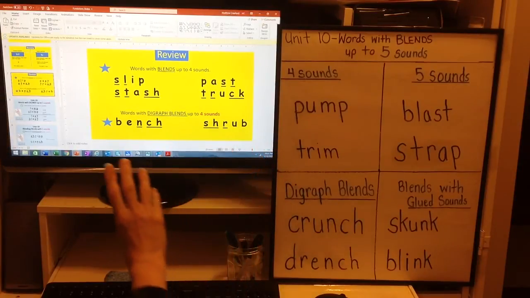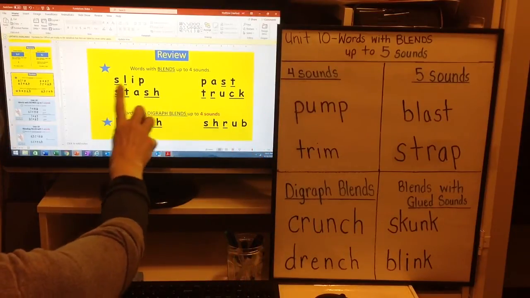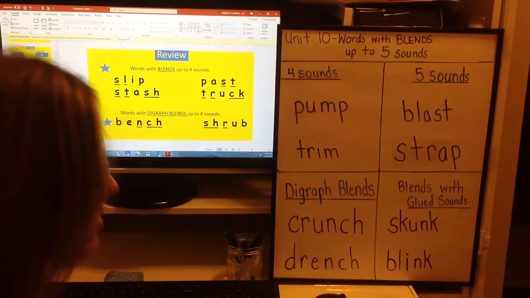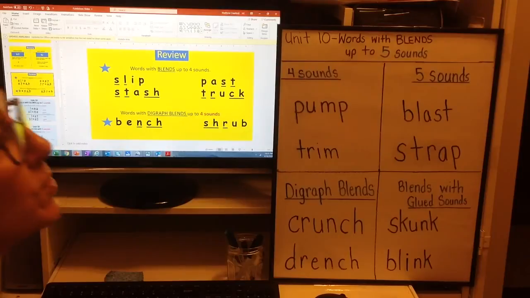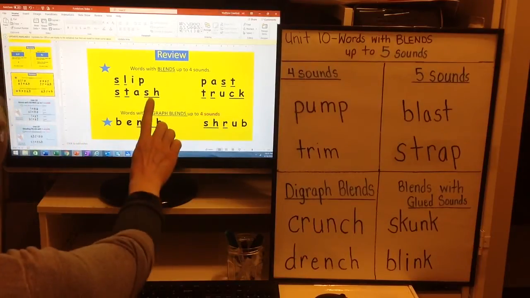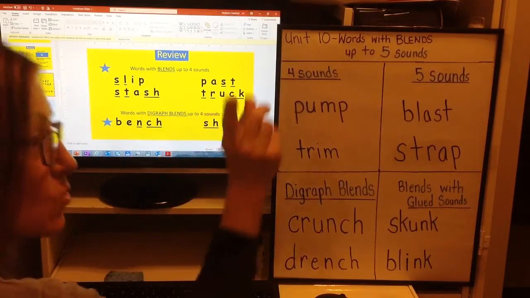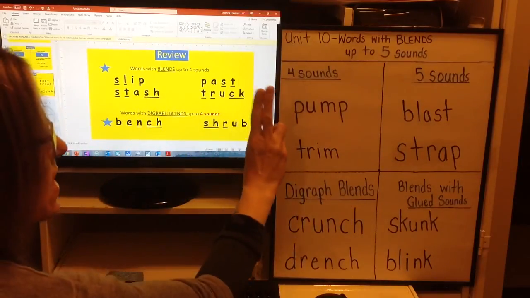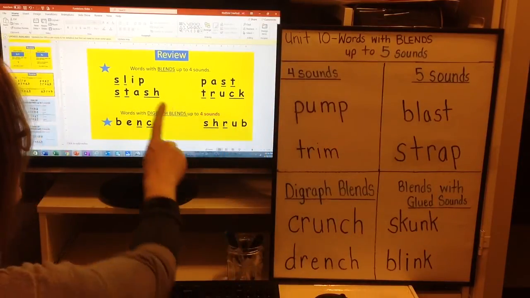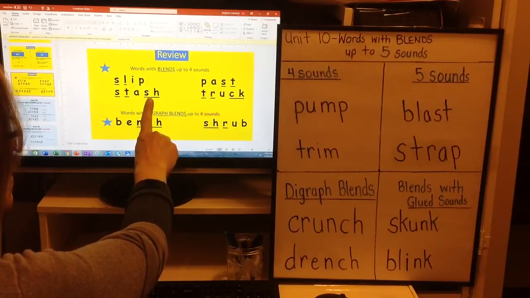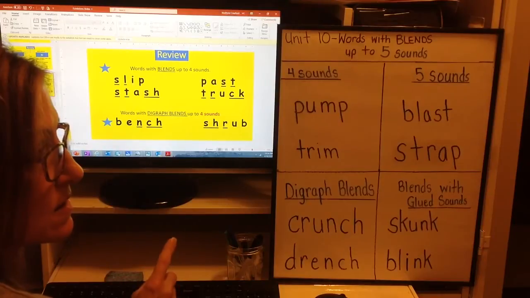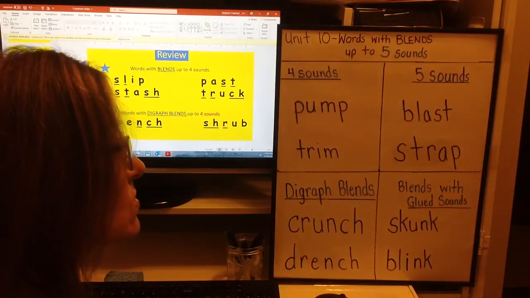Okay? Now, remember, you're looking at these words right here, and you see more than 4 letters. I know you do. But I hope you remember that digraphs make 1 sound. They are 2 letters that come together to make 1 sound. So what sound does SH make? Let me hear you.